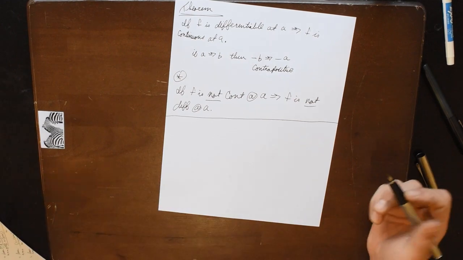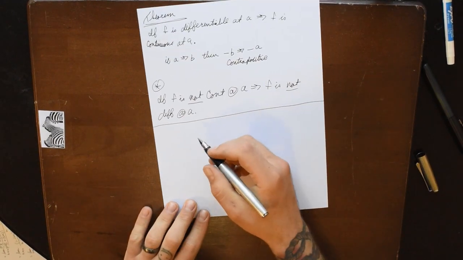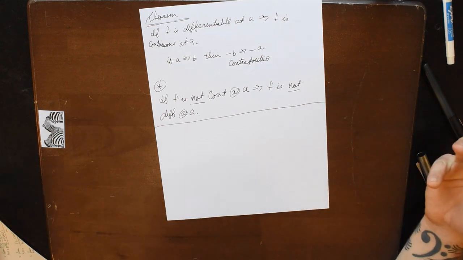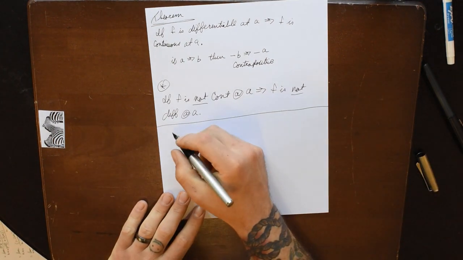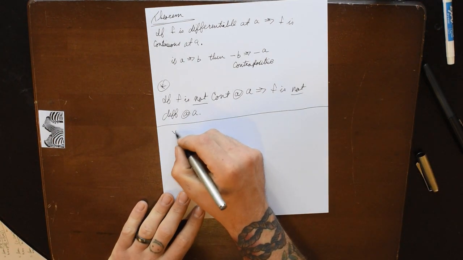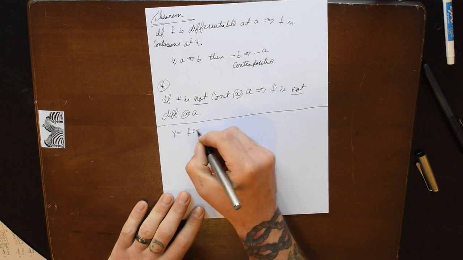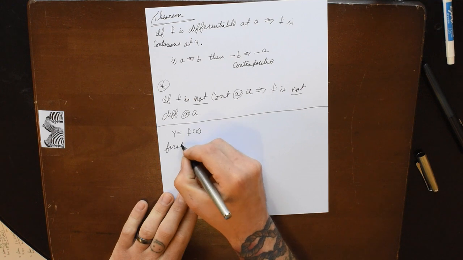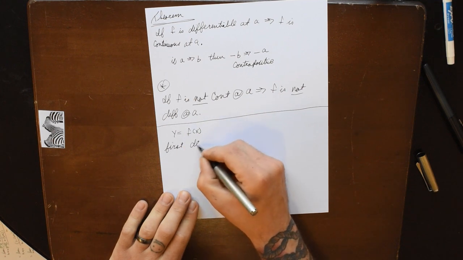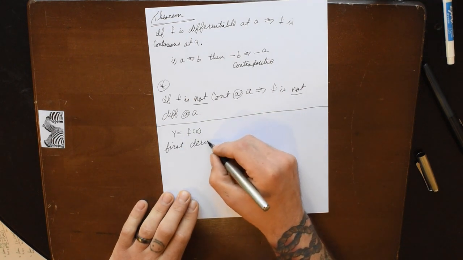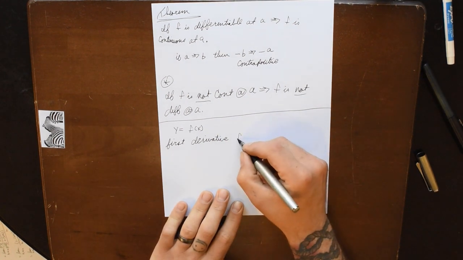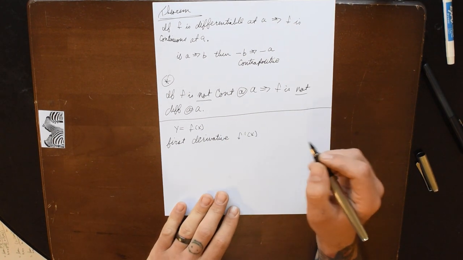So, higher derivatives. Okay, so we can take the derivative of a derivative. If we have some function y that equals f of x, our first derivative is f prime of x.